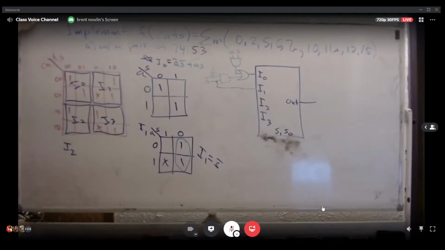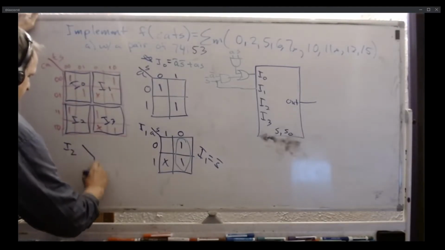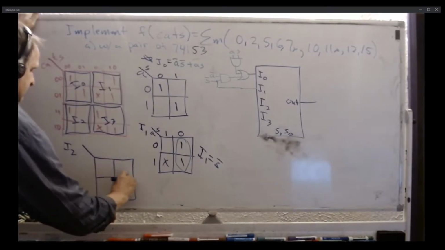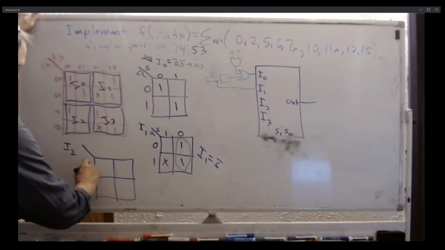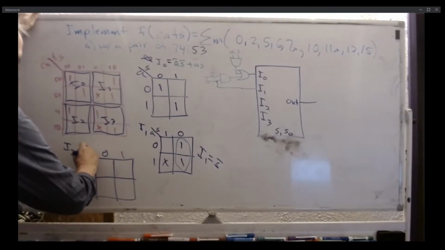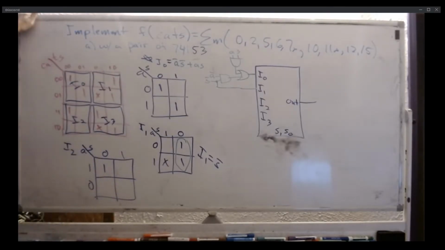0 and 1 on the top and 1 and 0 on the side. Good job, Brian. Because this is really just a chunk, the lower left chunk of the K map, ignoring C and T. That's exactly what it is. Do you see why we have to flip A? The values for A?